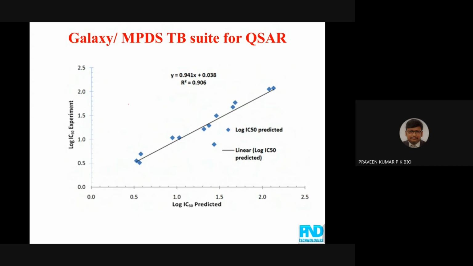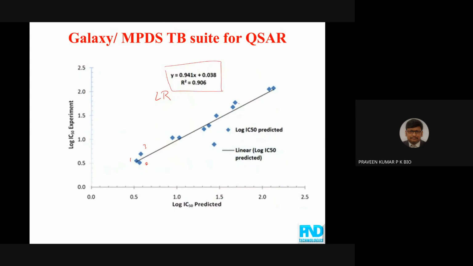Using the QSAR, we have developed the linear regression model. For the linear regression model, we have predicted the equation y equals mx plus c and the r square value. Here, the data is nothing but drugs, like drug 1, drug 2, drug 3. If you have this many drugs in a data set, and it is mapped as log IC50 experimental versus log IC50 predicted, then you find these dots lying here.